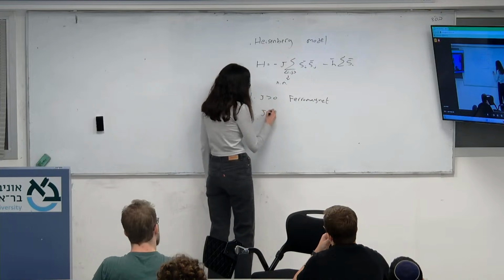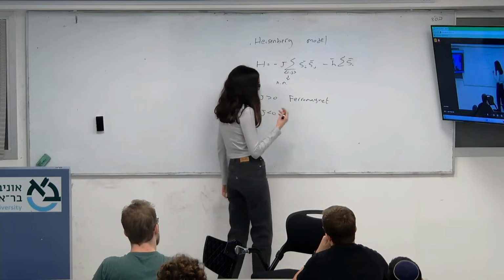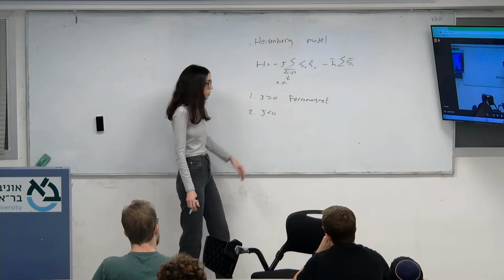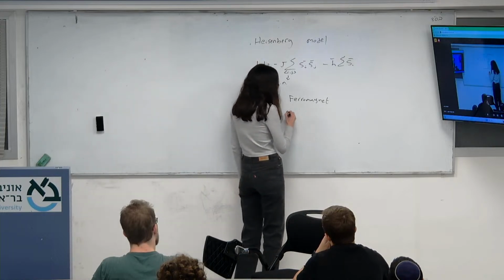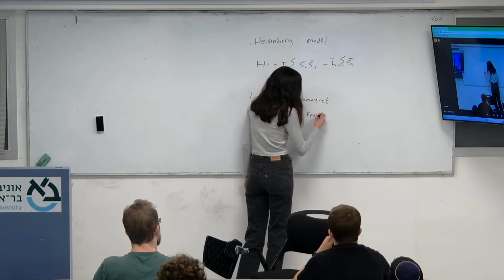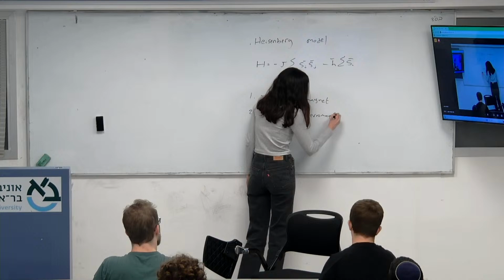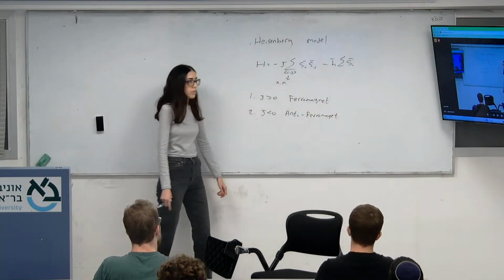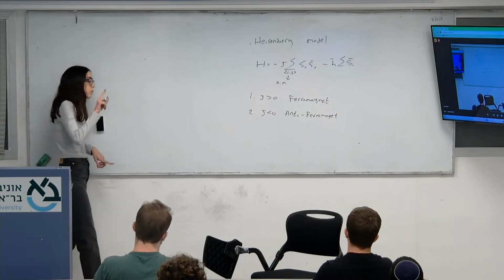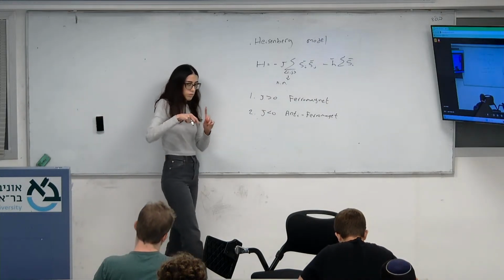But if J is smaller than 0, so I have a negative coefficient, this is overall going to give me something positive, and this is an antiferromagnet, which means that the spin is going to want to go in the direction opposite to its neighbors.